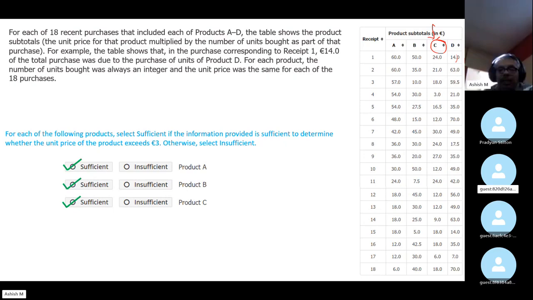Are we clear? Guys, I'm hoping this simple logic is making sense to you. Let us say milk can be bought only in half-liter packets.